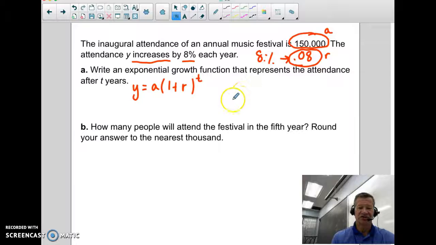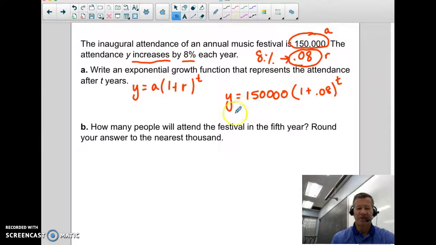So the equation is going to be y equals 150,000 times 1 plus 0.08 to the t power. So there's an exponential growth function that will give us the attendance after any number of years if we start with 150,000 and grow at 8%.